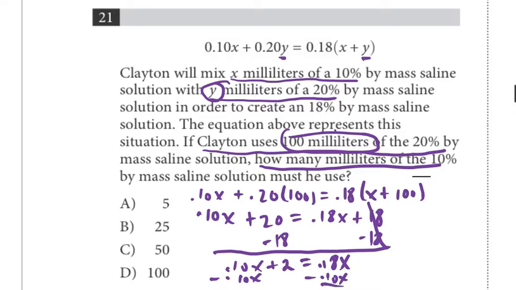And we get 2 equals 0.08x, and x equals 2 divided by 0.08, and you should get 25.